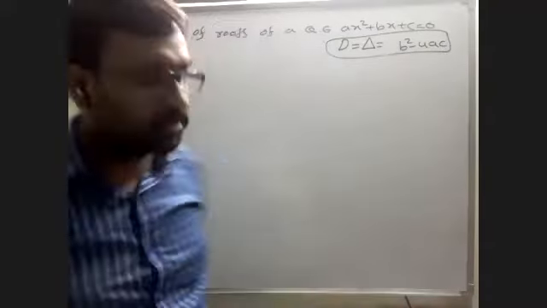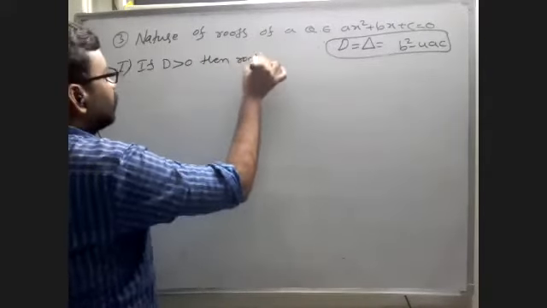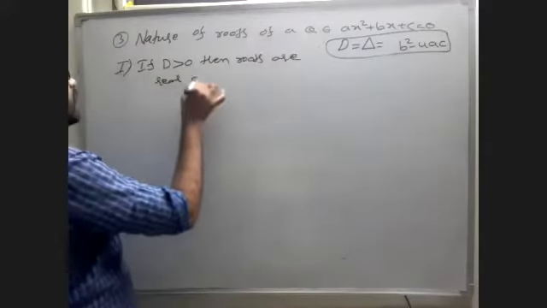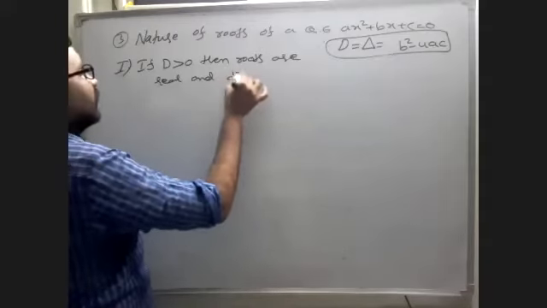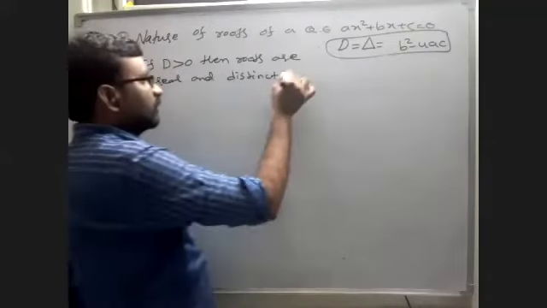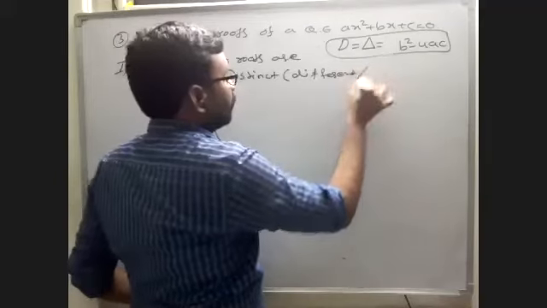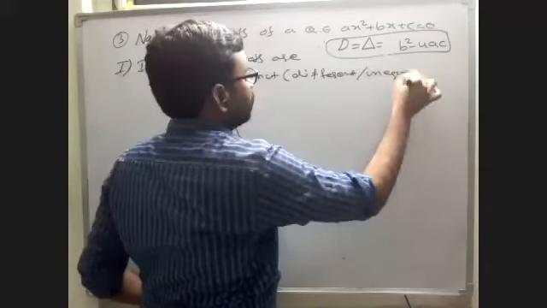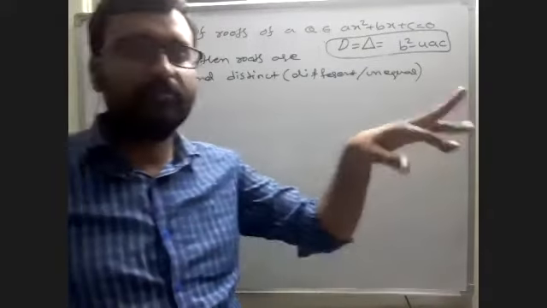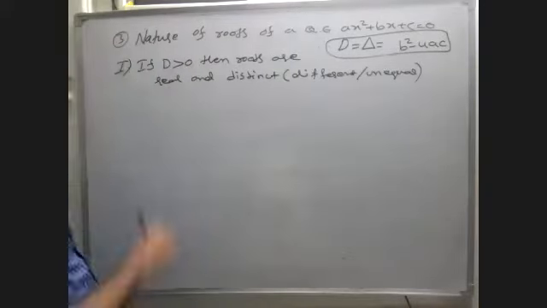If d greater than 0, then roots are real and different, or distinct or unequal. Whichever word you use, no problem, but the roots are different. That is the first case.